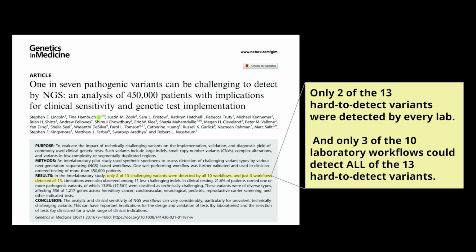Only 2 of the 13 hard-to-detect variants were detected by every lab, and only 3 of the 10 laboratory workflows could detect all of the 13 hard-to-detect variants. This matters for your patients because remember, at least 1 in 10 of the positive variants in hereditary cancer genes are hard to detect. Therefore, knowing which labs can detect hard variants and which cannot is super important.